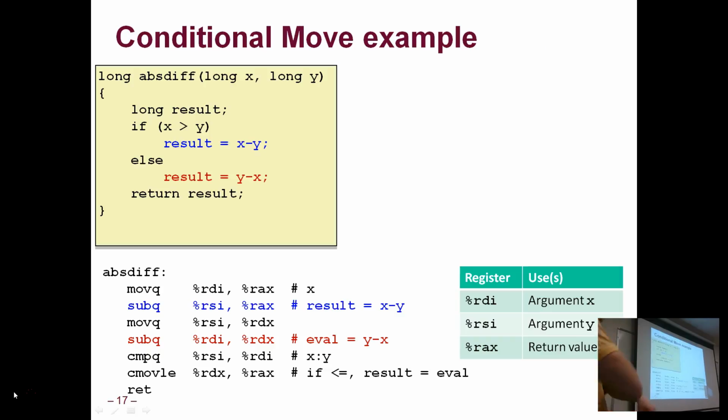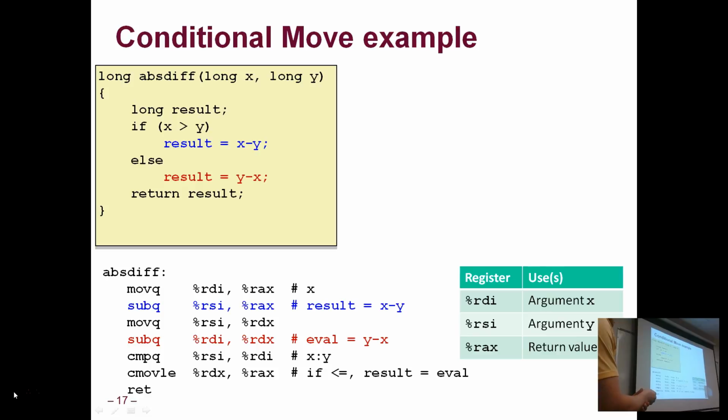Okay, so here's an example of it using the absolute difference function that we saw earlier. So x and y are the parameters, so that's RDI and RSI. I have the then part in blue, and the red part is the else.